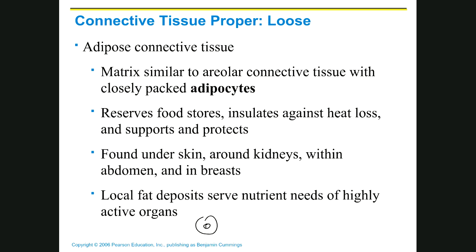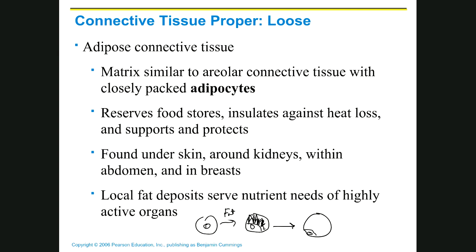But then the cell begins to build fat, and the fat collects inside the cell. It's a liquid fat droplet. And so the cell is going to get bigger, and the nucleus and the cytoplasm get pushed off to the side. And so here's the liquid droplet right there. And then it gets even bigger as it adds more fat, and the nucleus gets pushed even further to the side.